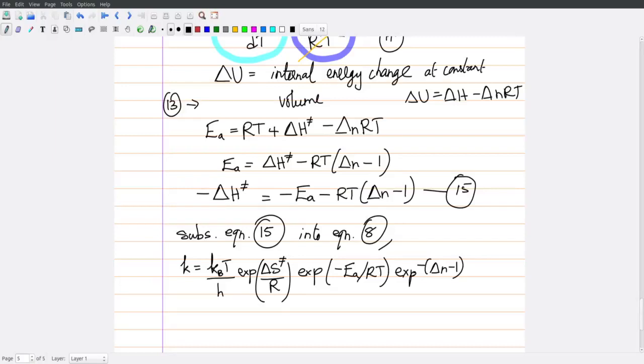Or we can say this as k equals exponential minus delta n minus 1 into kBT by h into exponential delta s dagger by r.